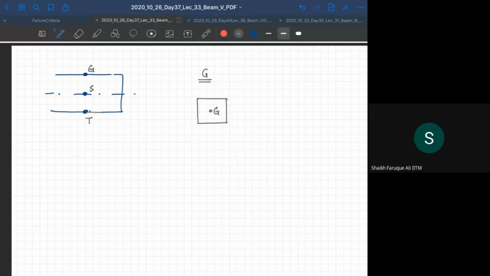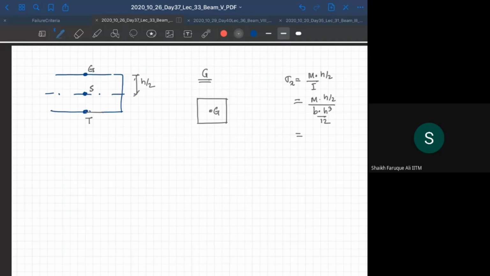We know normal stress is going to be, this is my h by 2. So sigma x is going to be M into h by 2 by I. And what is I? I is b into h cube by 12, right? You can do all the calculations, and some values will come.